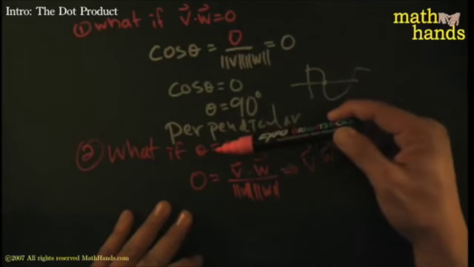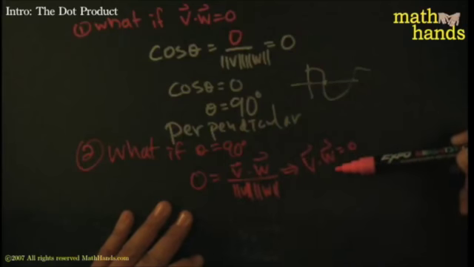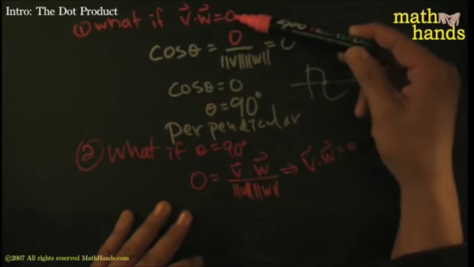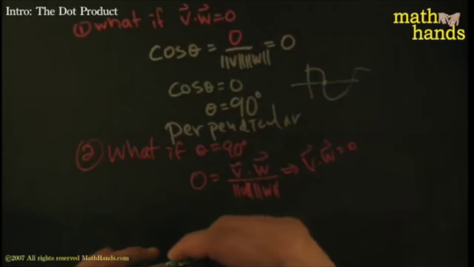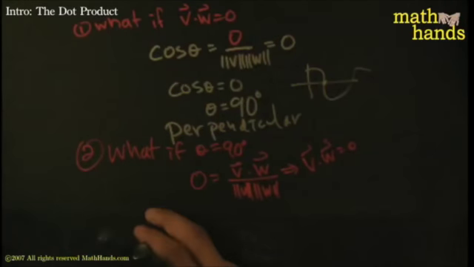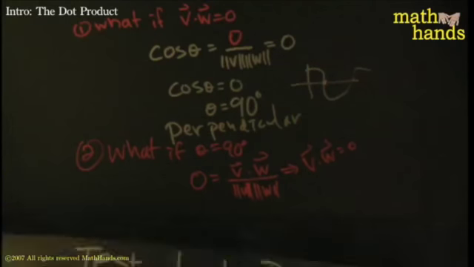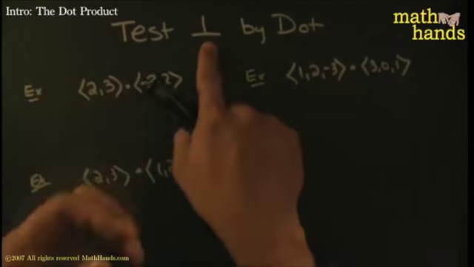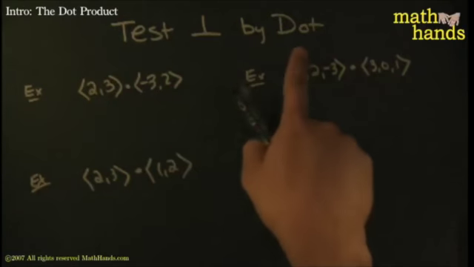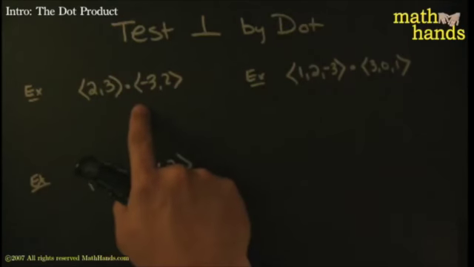Okay, consider the following question. Assuming that we've dominated this formula here, this really nice professional way of finding the angle between the 2 vectors, what if the dot product was equal to 0? What would this formula tell us? Well, it would tell us that this part over here is 0.